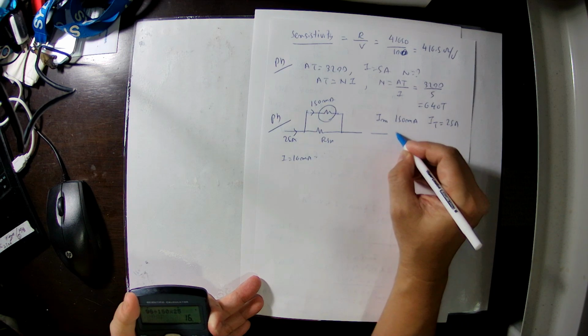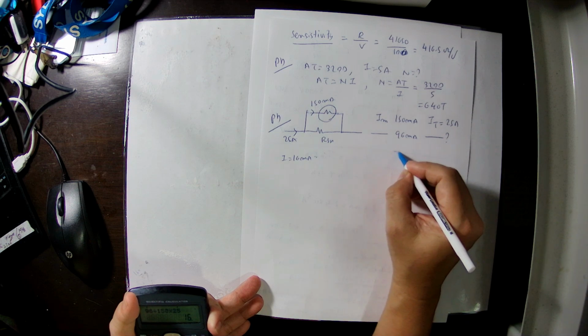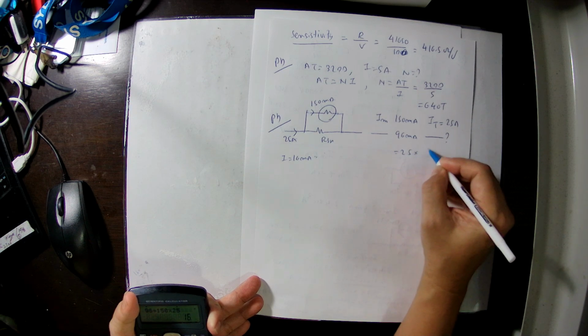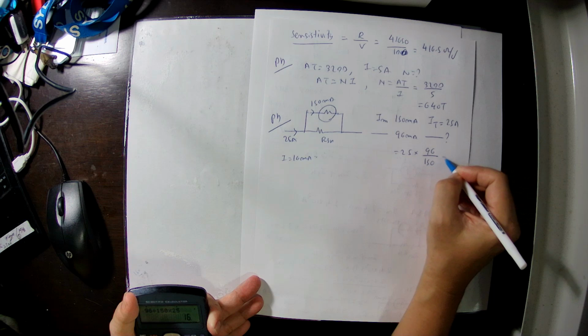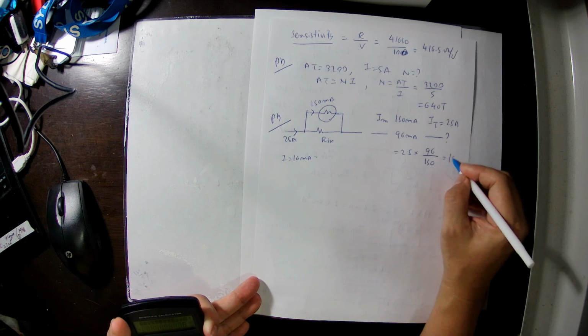If the meter current is 96 milliampere, what is the total current? So that will be 25 multiplied by 96 by 150. So we can calculate that, it will be 16 ampere. This is the answer.